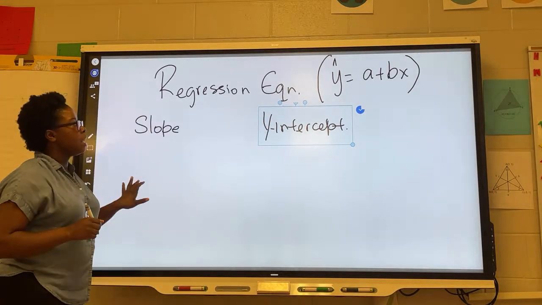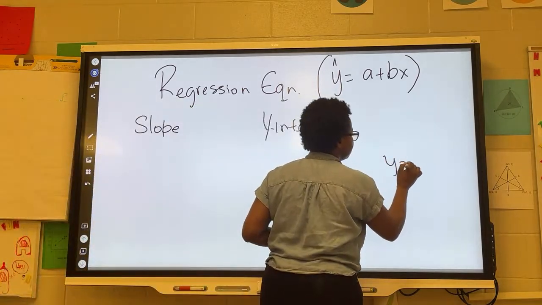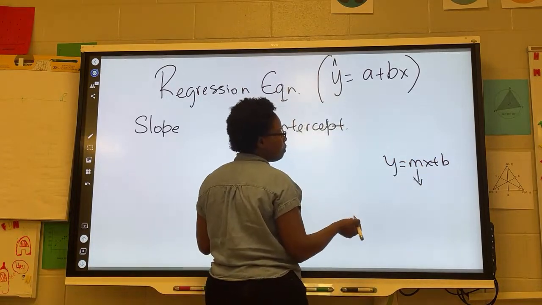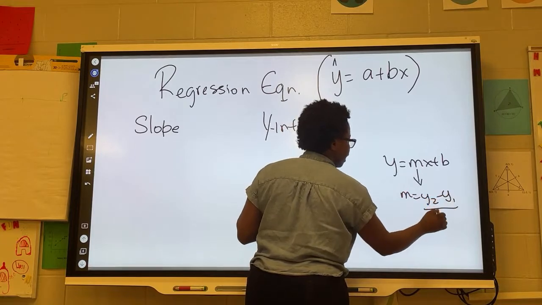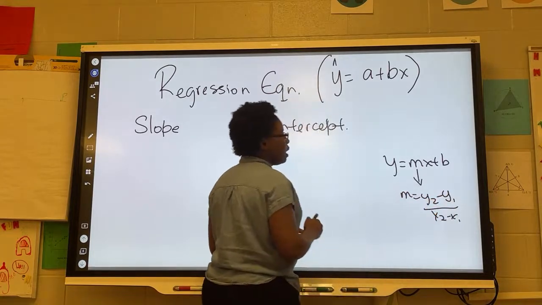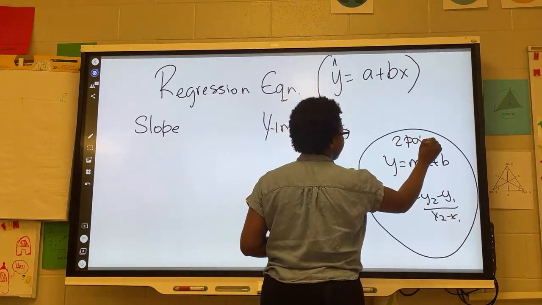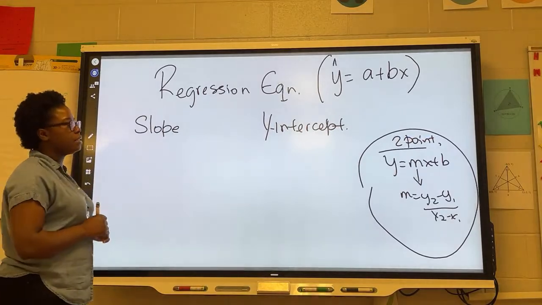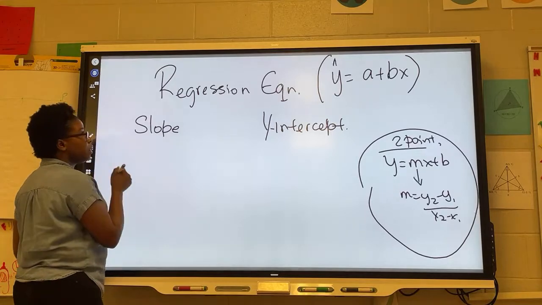So similar to y equal mx plus b, you need to find your slope. You normally use the slope formula y2 minus y1 over x2 minus x1. You can only use this when you're given 2 points and you want to find the slope of your line. But because we don't have 2 points, we have what's called the correlation coefficient.